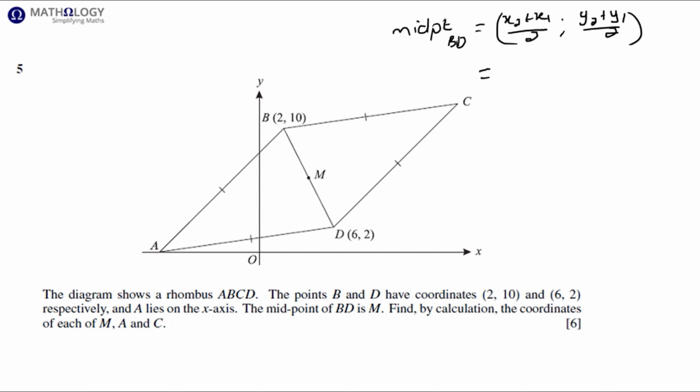That gives us 2 plus 6 divided by 2 for the x coordinate of M, and the y coordinate of M will be 10 plus 2 over 2. So that gives us the point (4, 6). And this is the point M.